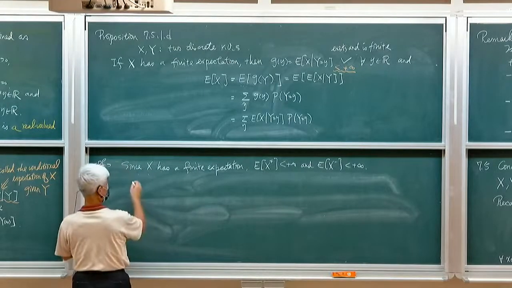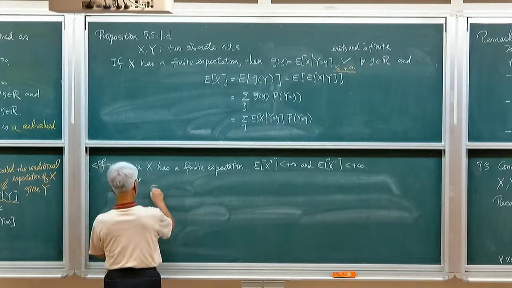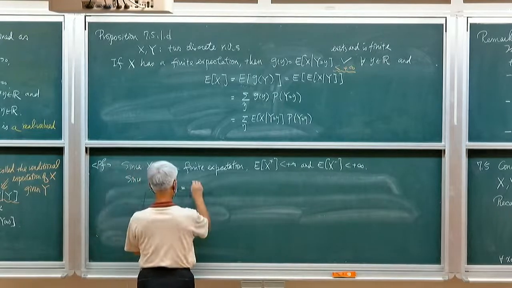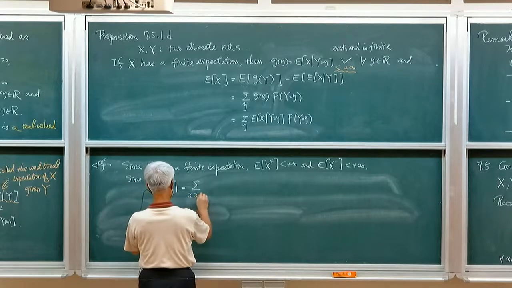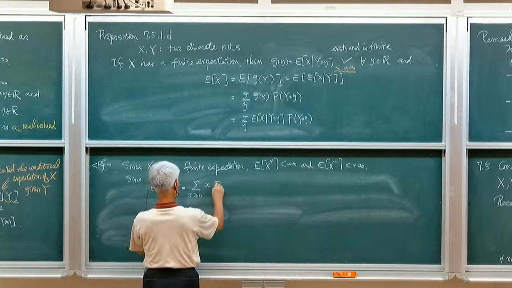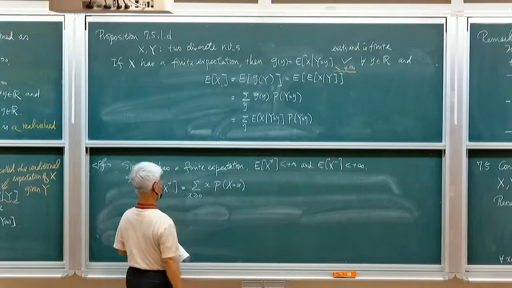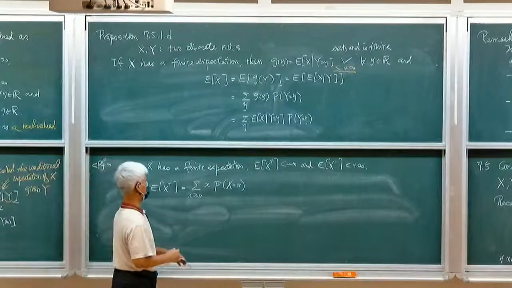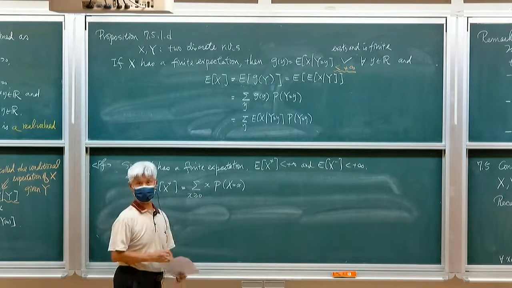All right, so now, since the positive part is about the possible values which are greater than or equal to 0, that is the expectation by its definition.